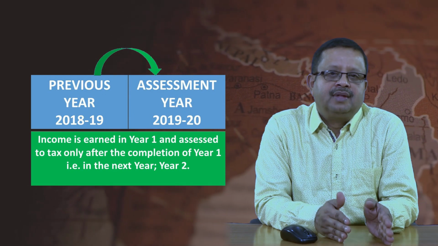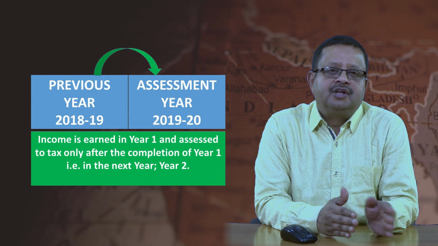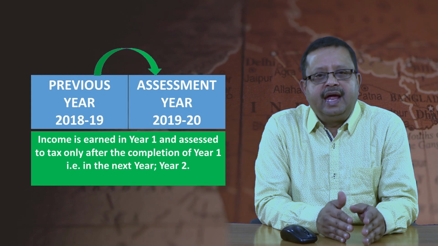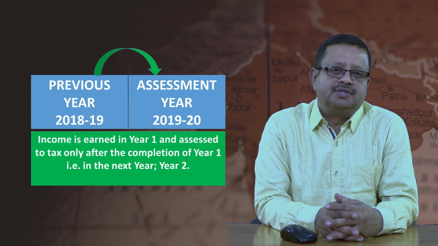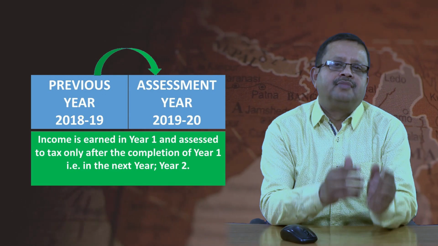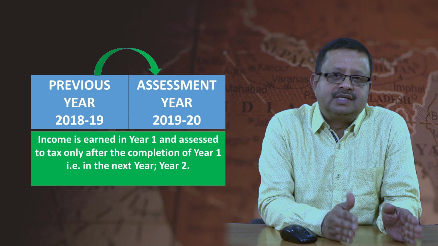For example, the financial year 2018-19 starts from 1st April 2018 and ends on 31st March 2019. A person earns his or her income during this particular year. We can say this is the previous year.